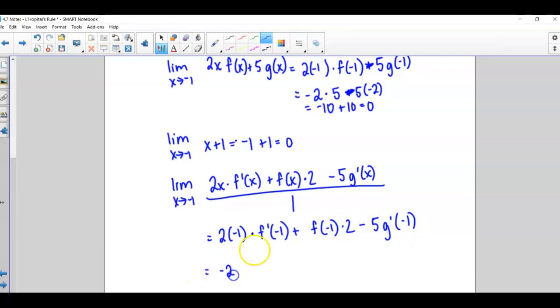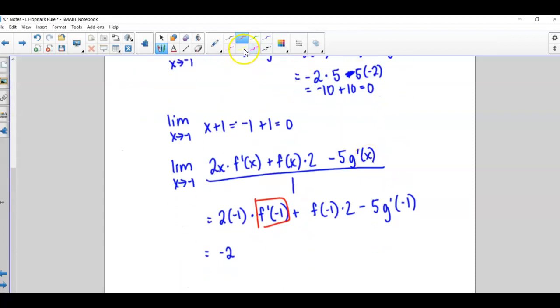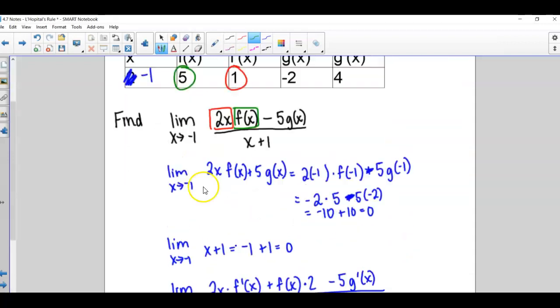We're going to get negative 2 times our f prime of negative 1, that's back up here. F prime of negative 1 was 1, plus we need f of negative 1. F of negative 1 was 5.